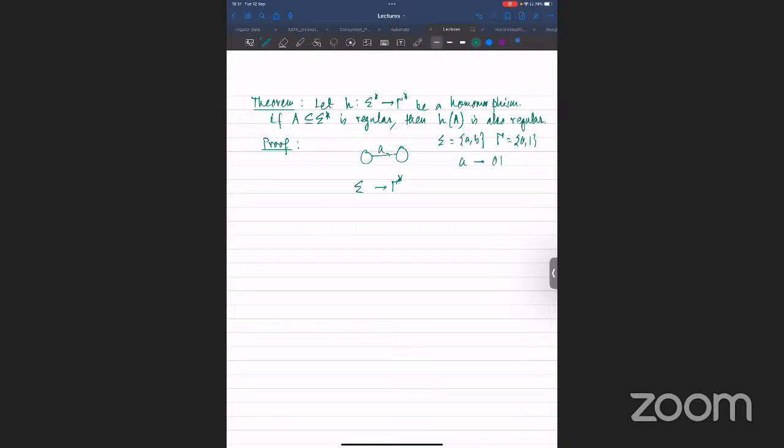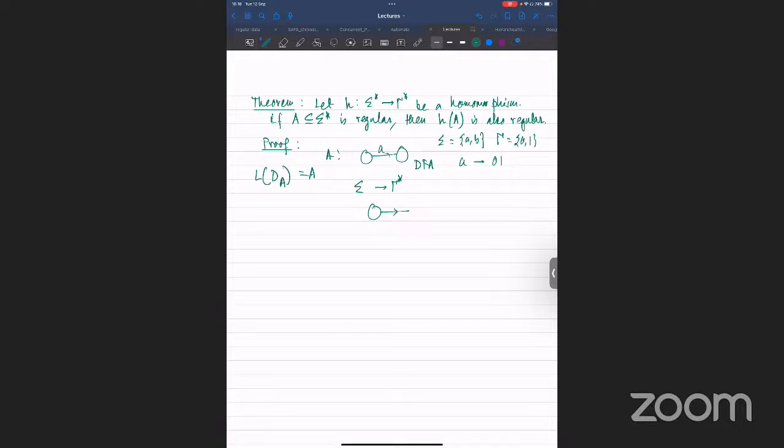Now what I claim is this. Since A is regular, I can construct a DFA, let's say D of A, such that L of D of A is A. This I can do because A is regular.